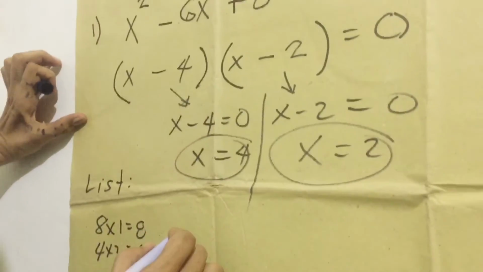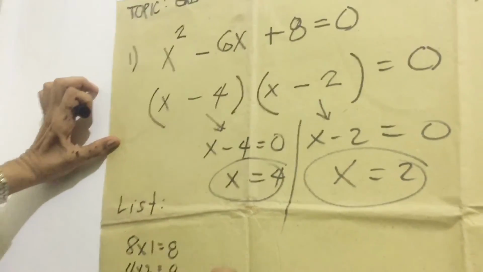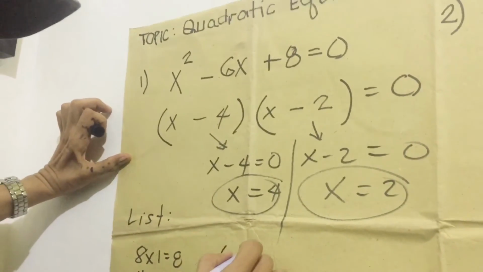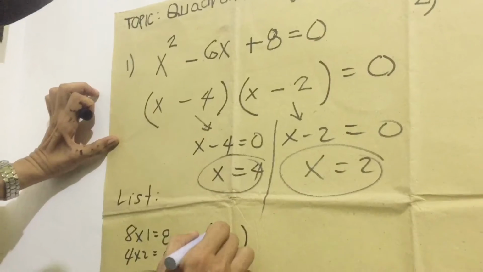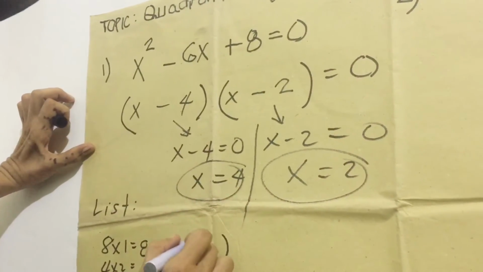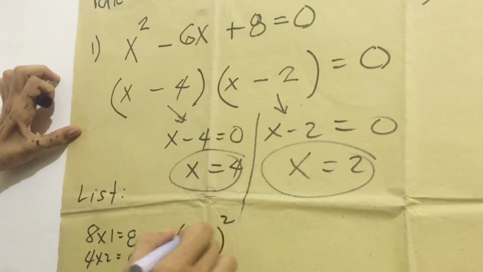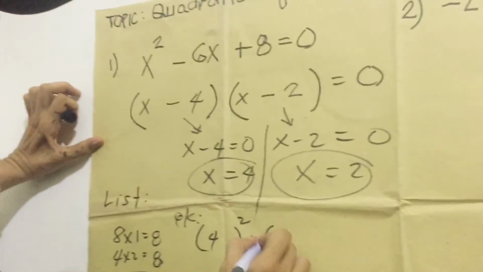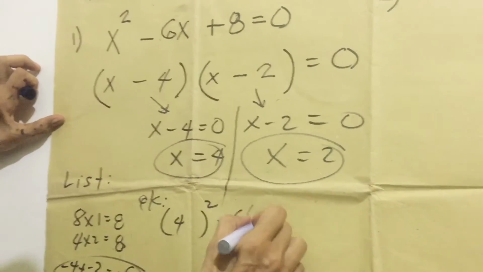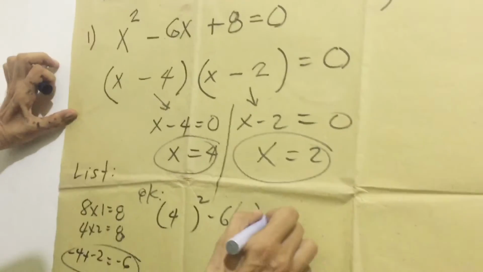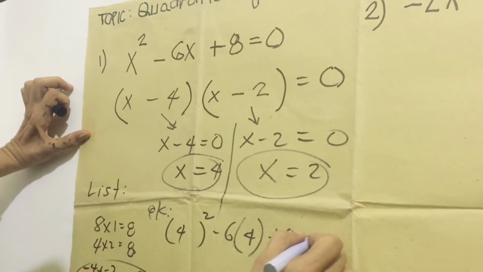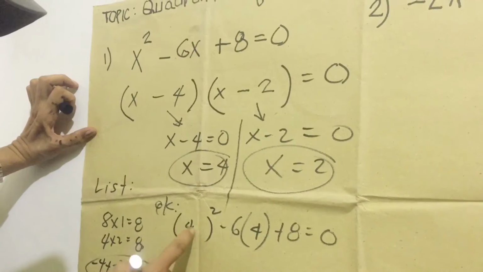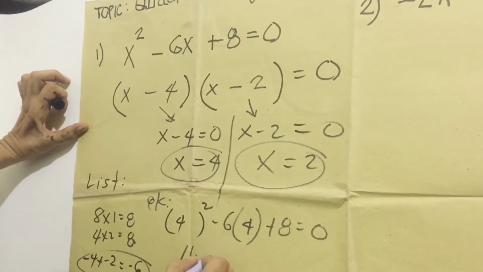Okay, let us check our work. Here it is. The value of x now is 4. This is squared, and minus 6 times the value 4, then plus 8 equals 0. 4 times 4 is 16.